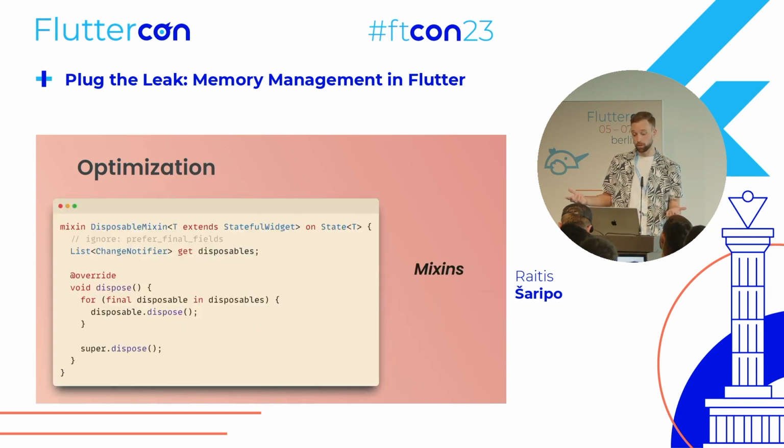Why not use mixins? I mean, if you're dealing with a lot of, let's say, text editing controllers within your screens, within the app, why not extract that logic of disposing the object to a mixin instead of doing it manually? It can just get very cumbersome really quickly, and you might even forget to do it.